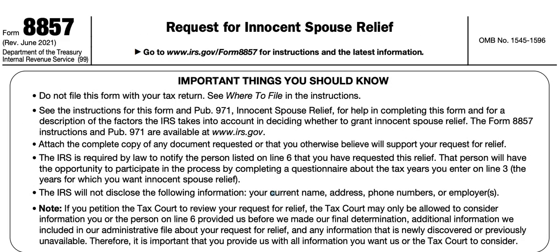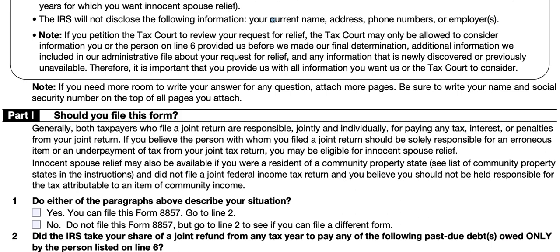Generally speaking, if you believe that the person that you filed a joint tax return with should be solely responsible for errors that might have made it to your tax return, or underpayment of tax from your joint tax return, you might be eligible for innocent spouse relief. But the caveat is that unless innocent spouse relief is granted, both taxpayers who file a joint tax return are jointly responsible for paying tax, interest, and penalties.